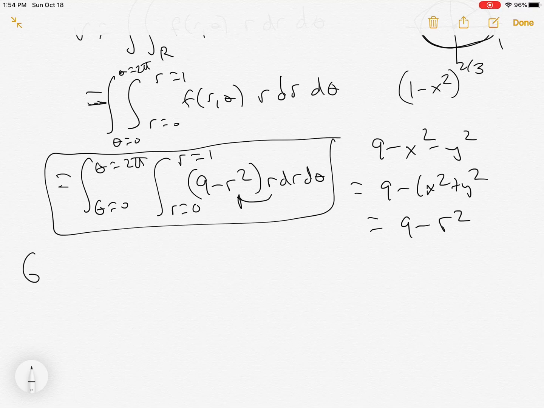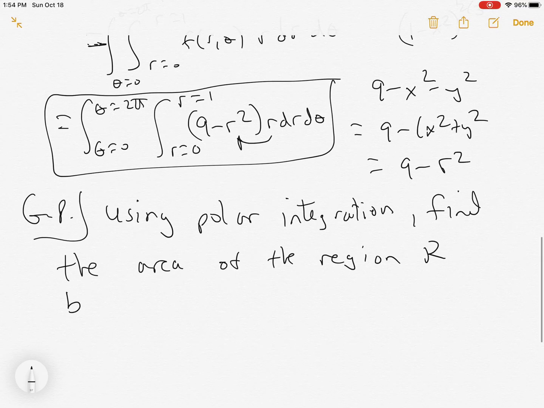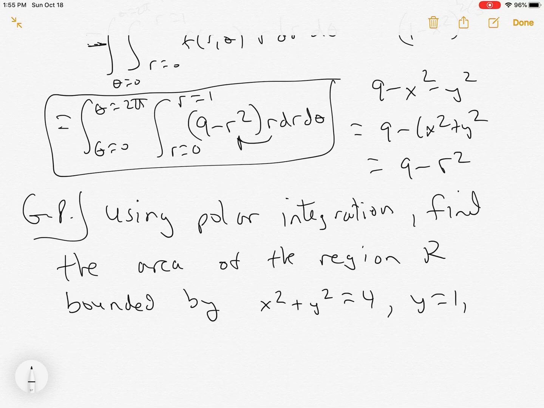So let's do a guided practice problem before we meet. Using polars, find the area of the region R bounded by the circle x squared plus y squared equals 4, the line y equals 1, and the line y equals the square root of 3x.